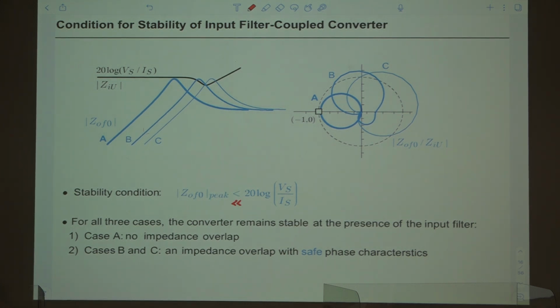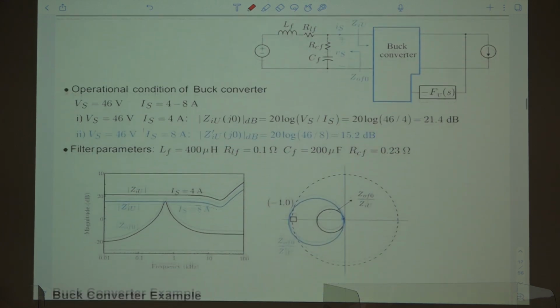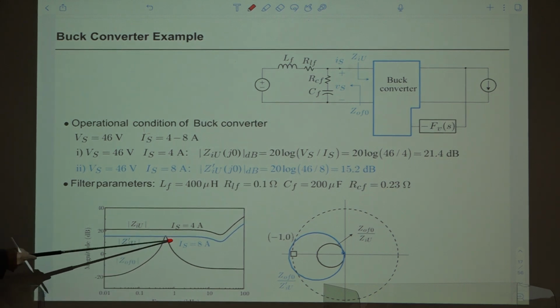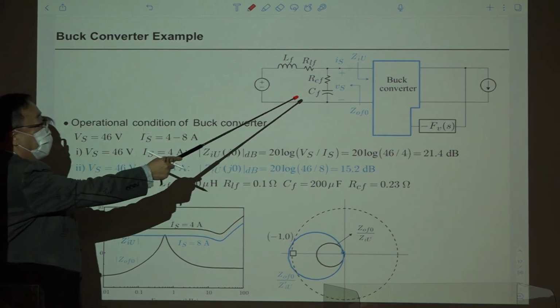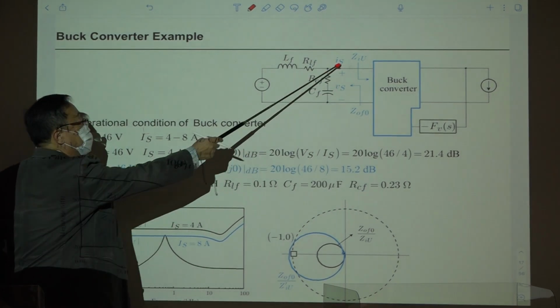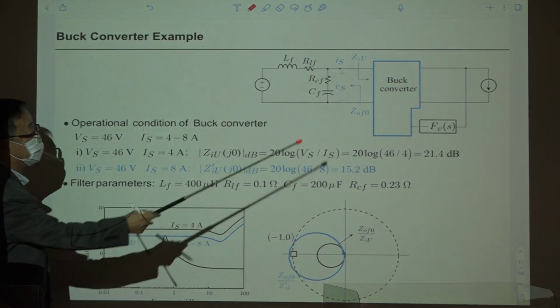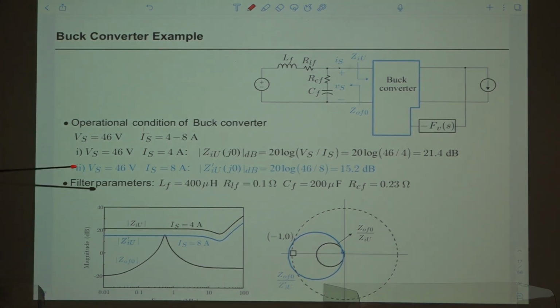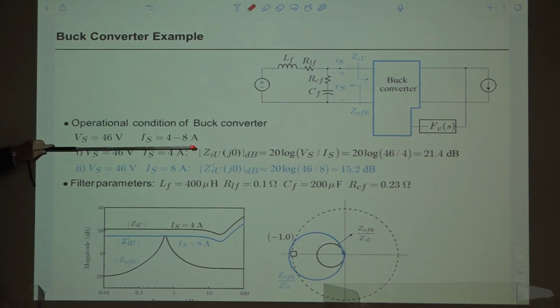This is an example of a buck converter, right? Suppose this is the output impedance of infilter located here, and this GIU is the input impedance of this downstream buck converter. The operational range of this buck converter is here.